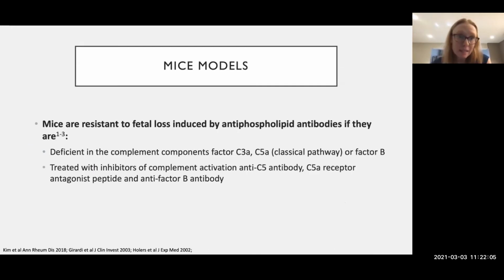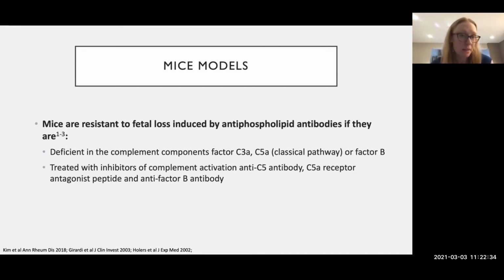There have been mice models looking at fetal loss induced by immunoglobulins and antiphospholipid antibodies. And those that are deficient in complement factors, especially C3a and C5a, are resistant to fetal loss. But factor B on the alternative pathway also does seem to play a role.